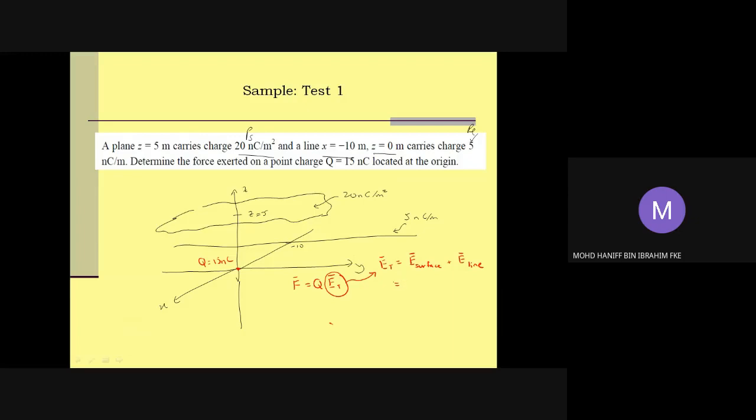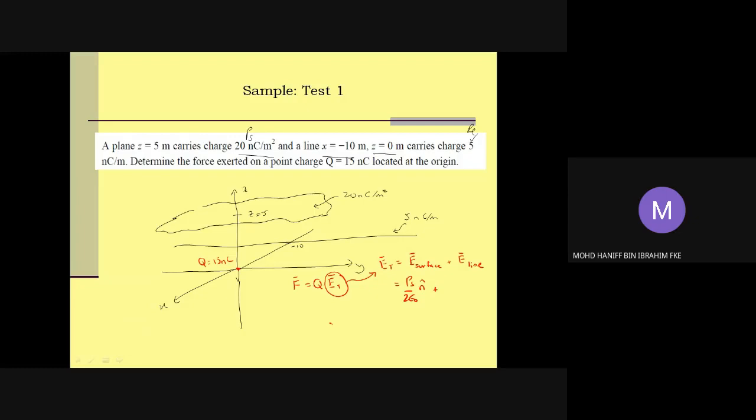So we can simply use the equation rho s over 2 epsilon naught times the normal unit vector direction. This is what we have learned previously in Coulomb's law. So we have these epsilon naught terms.